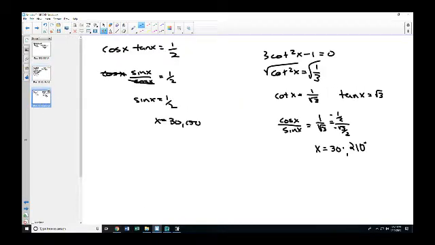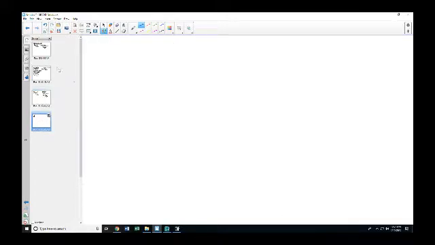This would still be pretty straightforward. Another step up, this one would be considered kind of a medium. And this is where we have something like this. Cosine 2x equals cosine squared x minus 2.